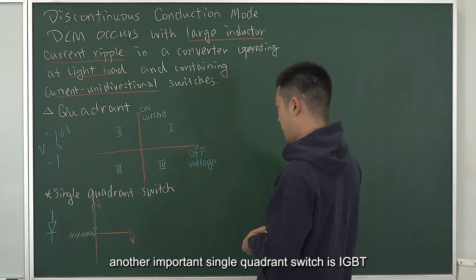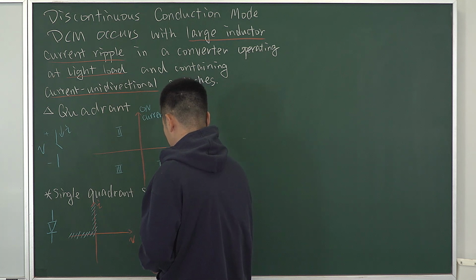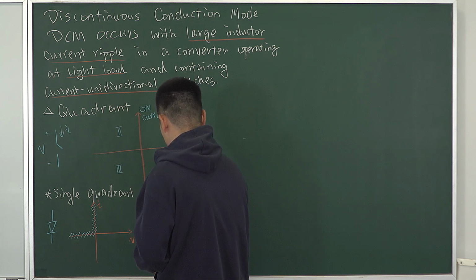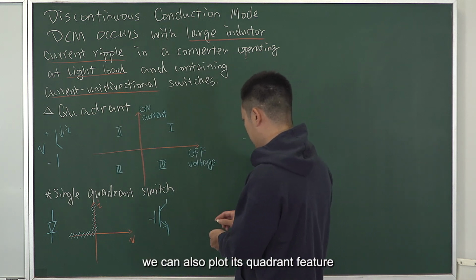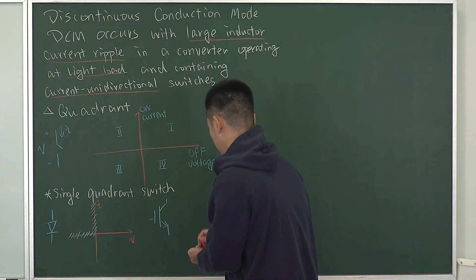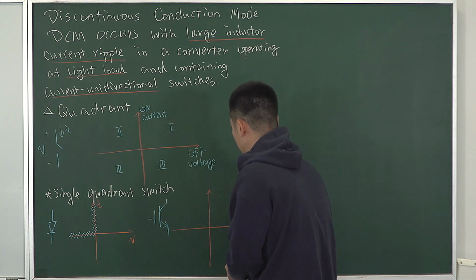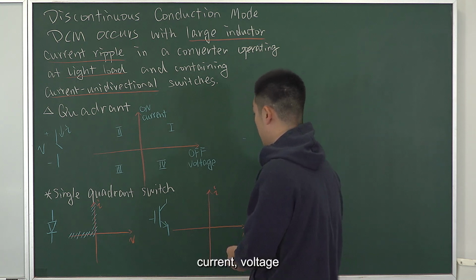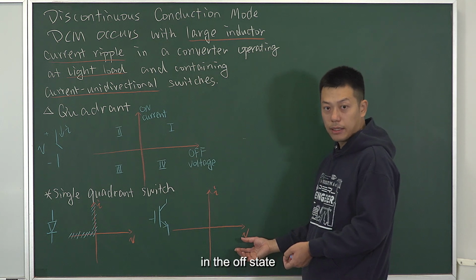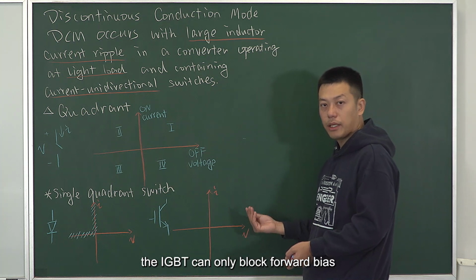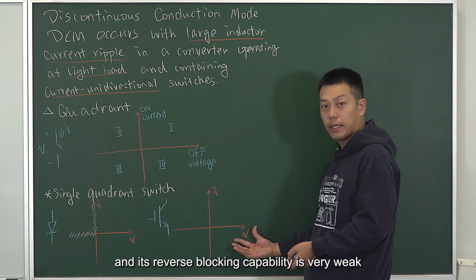Another important single quadrant switch is the IGBT. For the IGBT, we can also plot its quadrant feature: current, voltage. Remember, in the last lecture, we mentioned that in the off state, the IGBT can only block forward bias, and its reverse blocking capability is very weak.